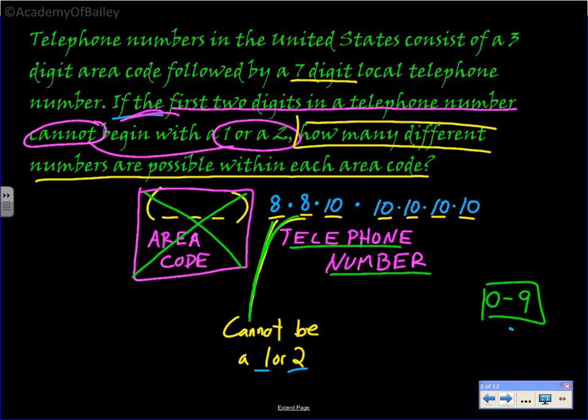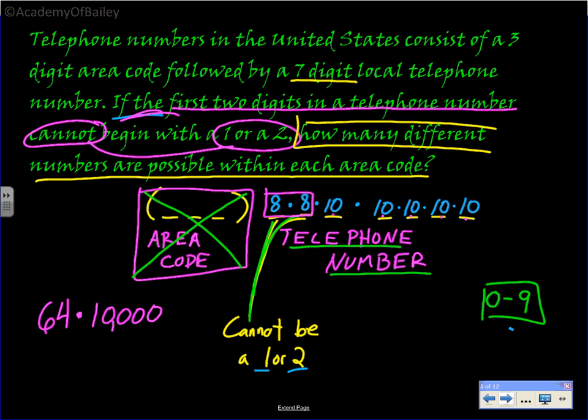So basically, we have to multiply. You might be grabbing a hold of your calculator, but you really don't have to. Let's look at these two numbers here. We know 8 times 8 is 64. Multiplied by 10 times 10 times 10 times 10 times 10, that's going to be a 1 with 5 zeros, since there are 5 tens there.